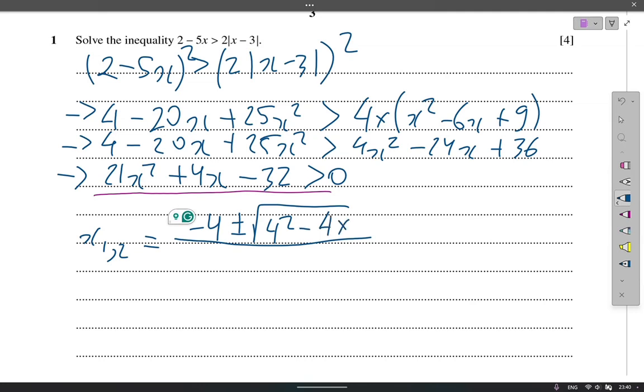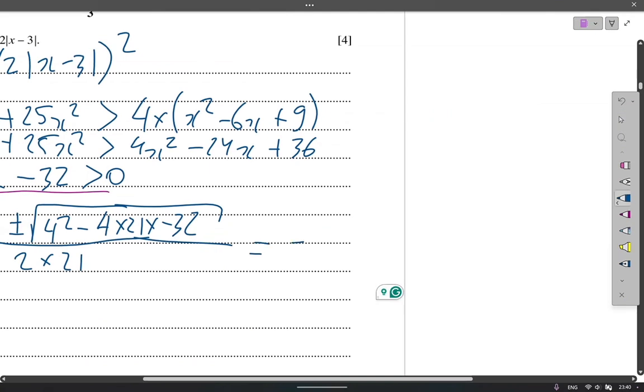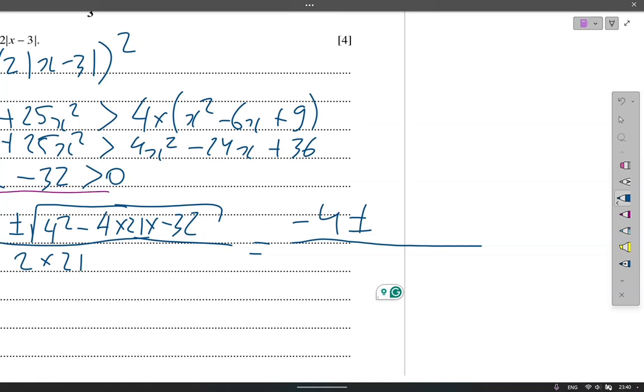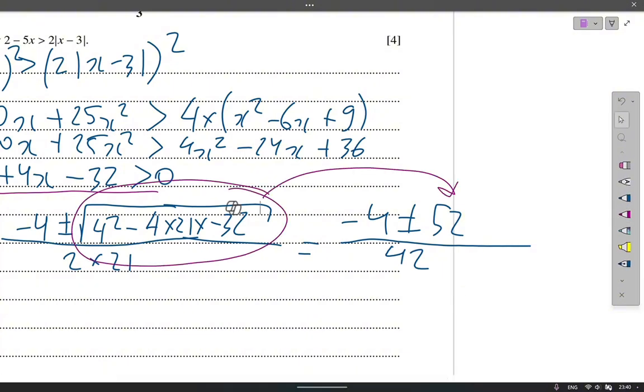minus, as this equation, which is simply minus 52 or this one. So that part of this equation gives us just 52.